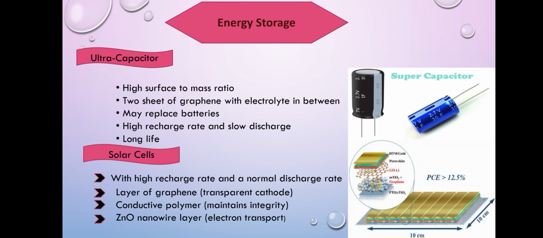May replace batteries: high recharge rate, low discharge, long life. Solar cells also use graphene sheet with a high recharge rate and normal discharge rate. A layer of graphene, conductive polymer, and zinc oxide nanowire layer are also used.